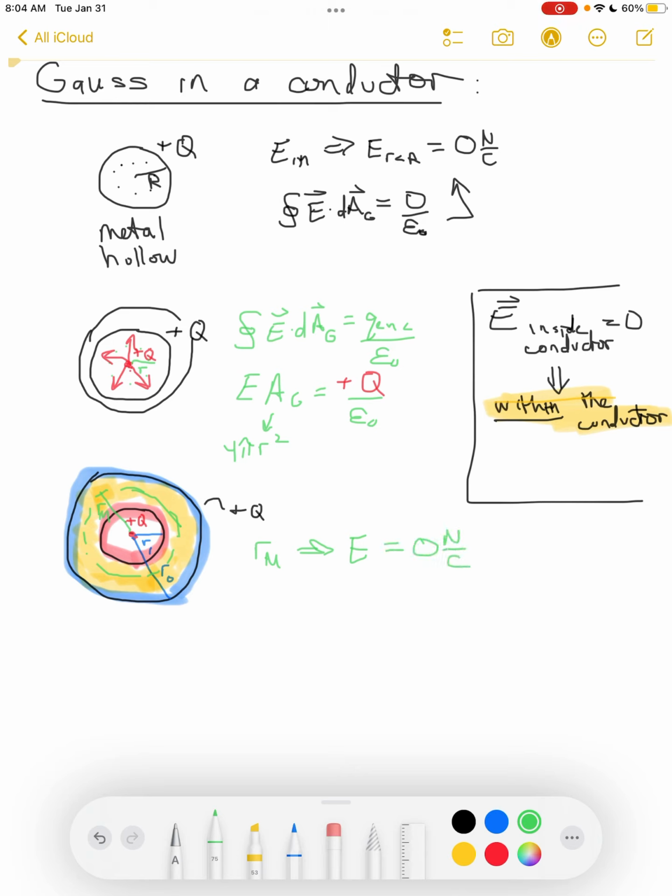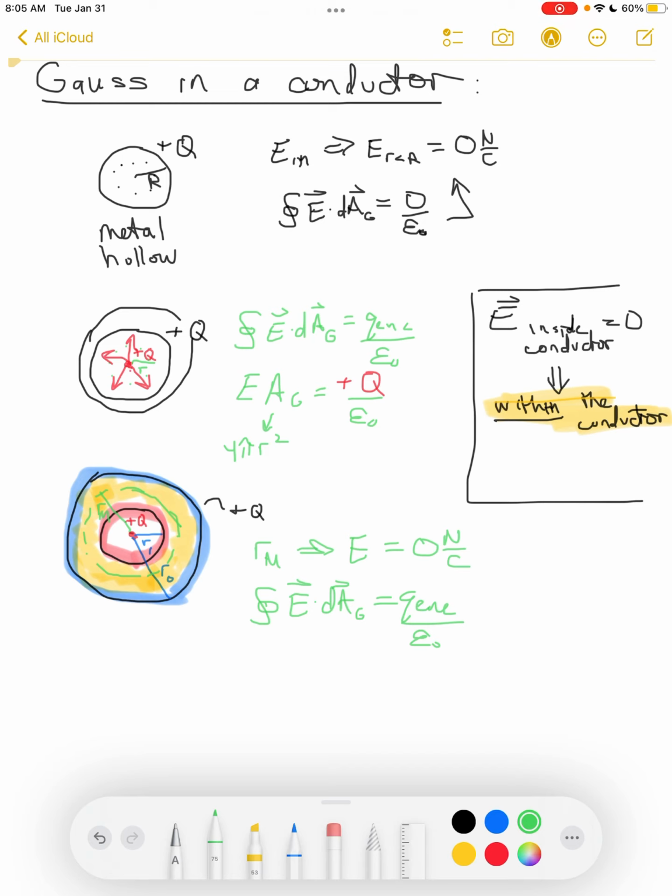How can this possibly work out? Well, here's how we use Gauss's law in reverse in some regard. So E dot dA equals Q enclosed over epsilon naught.